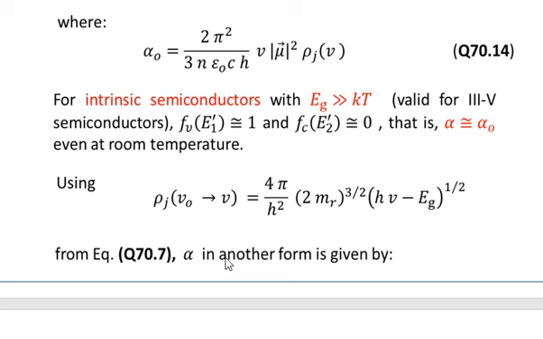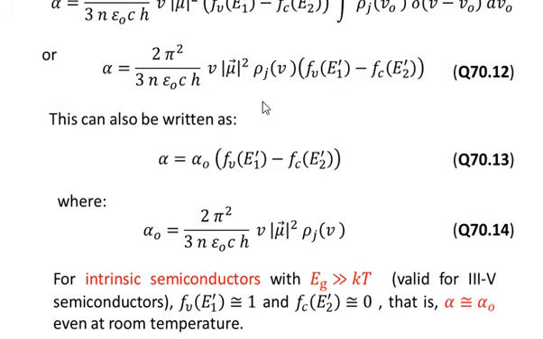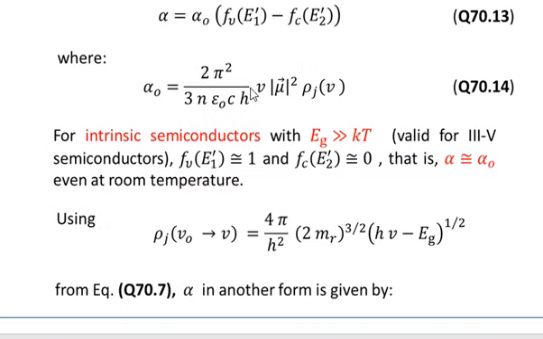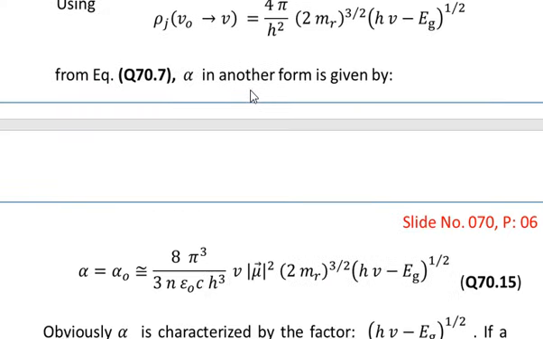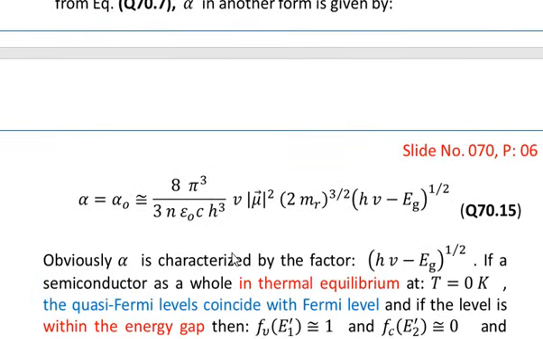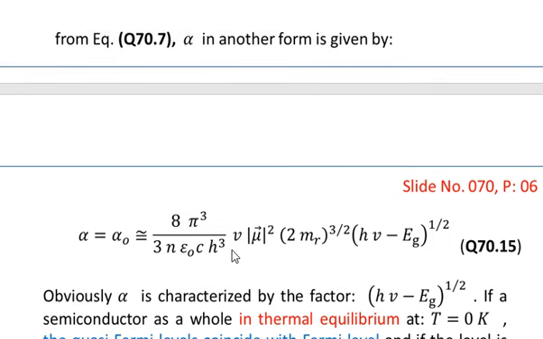So alpha in another form is given by, you see that we have found the value of alpha over here in equation number 12. Now we can also find alpha in another form, because we have introduced the value of rho j.